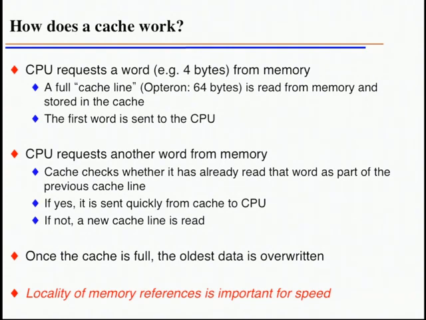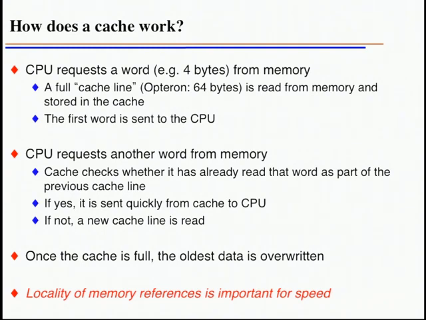So how do these caches work in practice? Right. So the CPU requests one single variable, one word. That might be 4 bytes if it's an integer. And that needs to be read from memory. So the memory controller will request it.